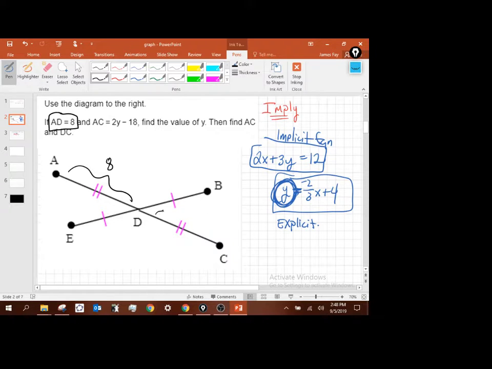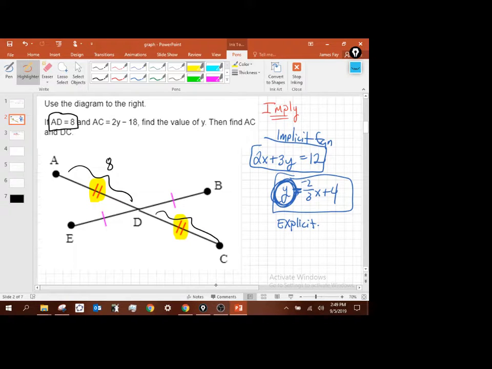Is there anything in regards to the terminology, the words used up here, that tells me what the length DC is? Does it ever say DC is this number? No. Okay? But they hide that information. Right here and right here, those symbols tell me that those segments, AD and DC, are what to one another?